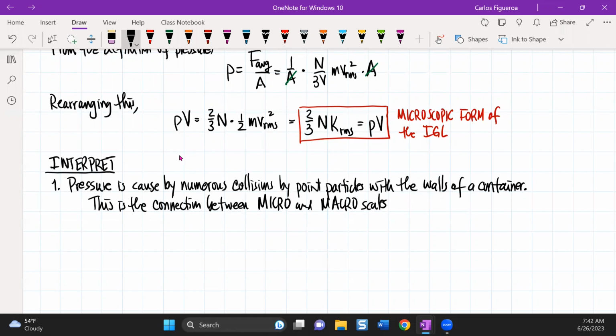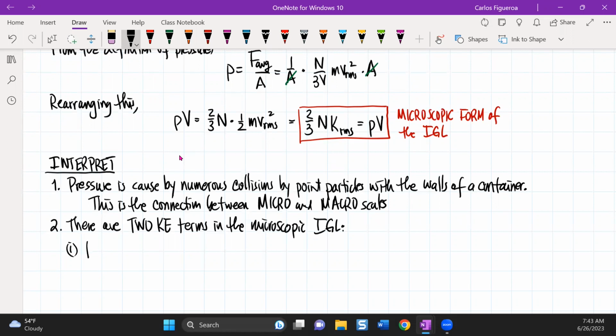This literally makes the connection. 2, there are 2 kinetic energy terms in the microscopic ideal gas law. There's 2.